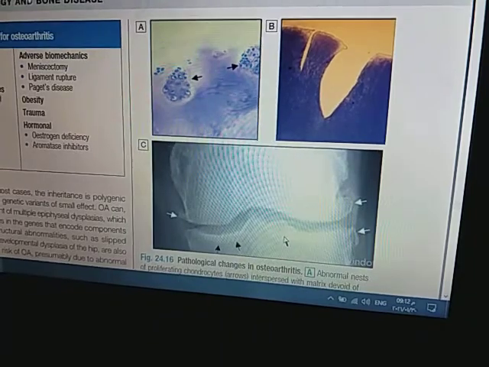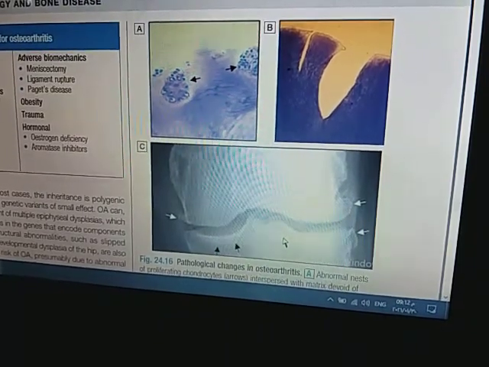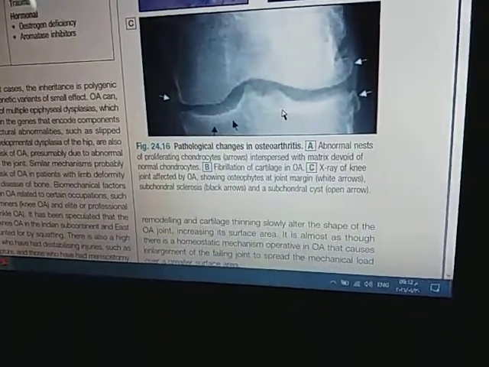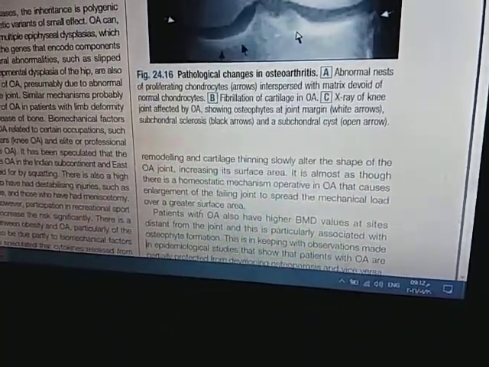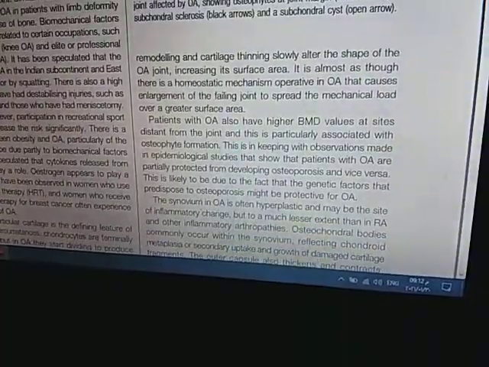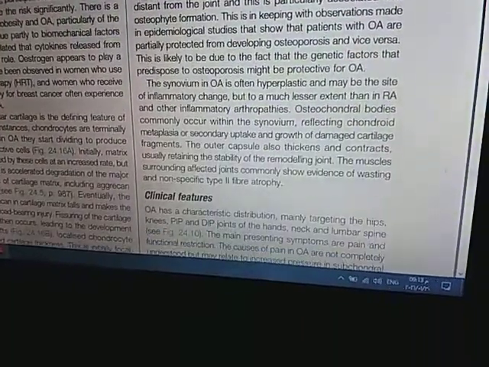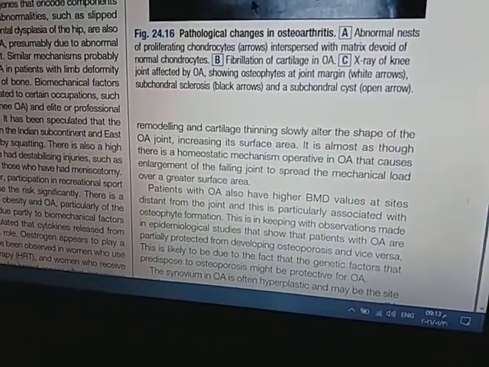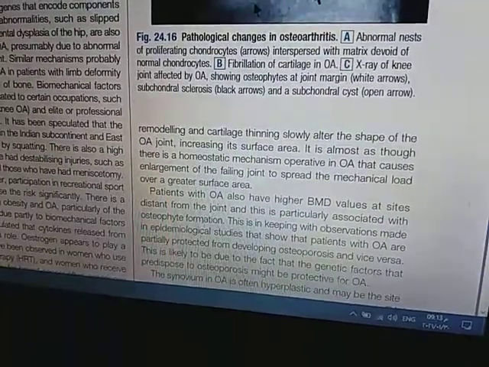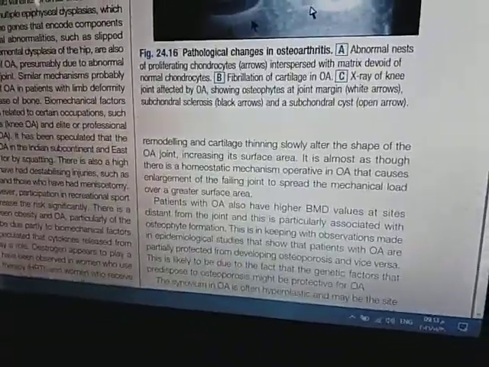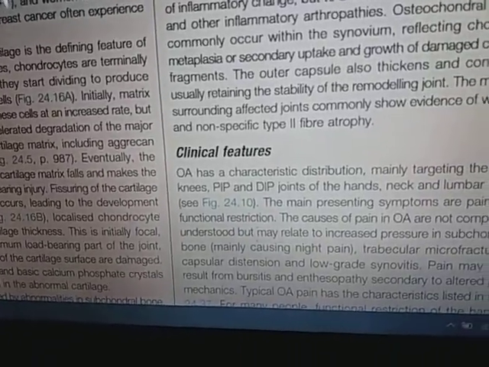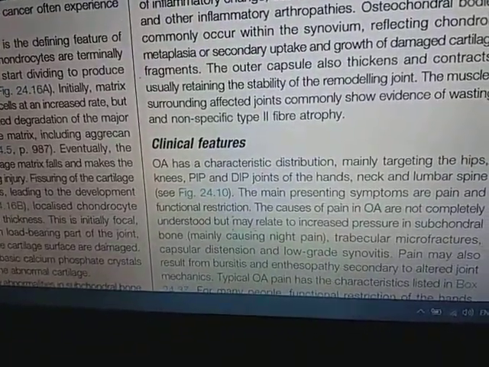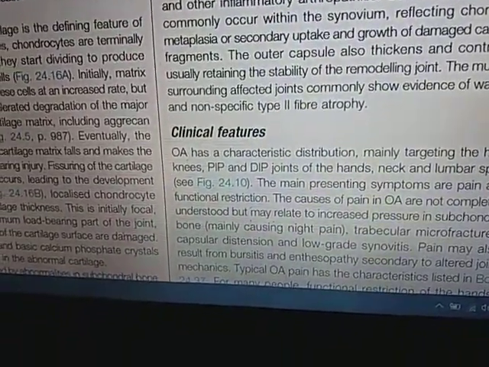Now the clinical features of osteoarthritis. Osteoarthritis has a characteristic joint distribution.